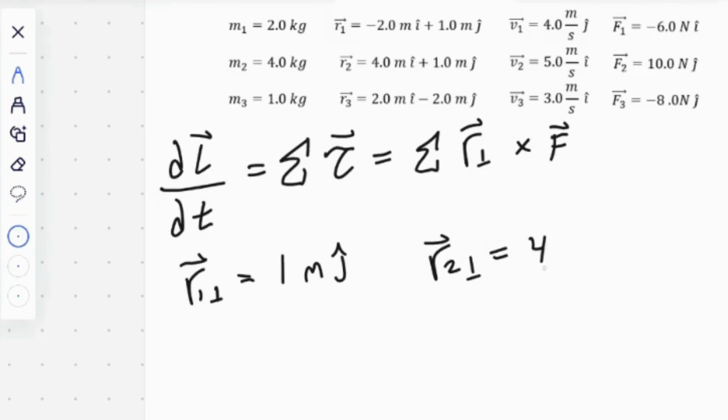So it's just the opposite of what's happening in the force. If we had a force that was more complicated, with x and y components, we'd have to do a bit more work. But since our forces are just in the x or just in the y, it makes it a little bit easier. And then for particle 3, again, force is in the y, so we're going to take the x direction.